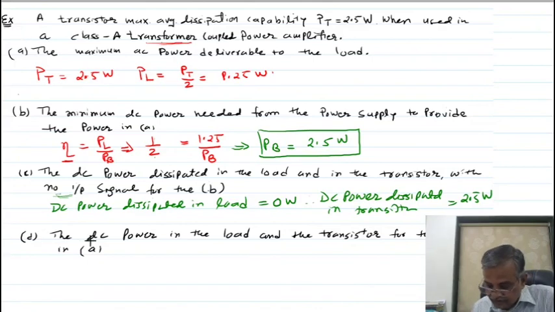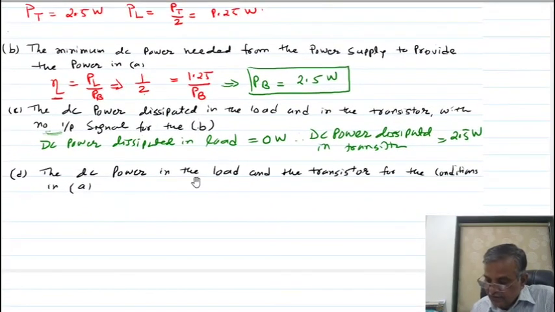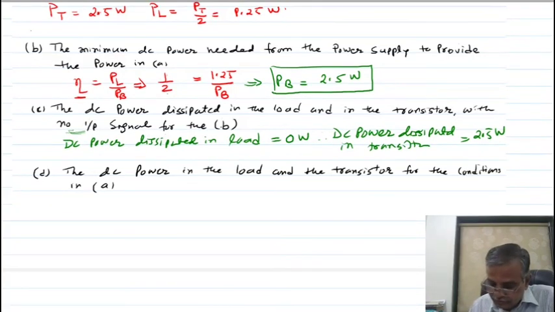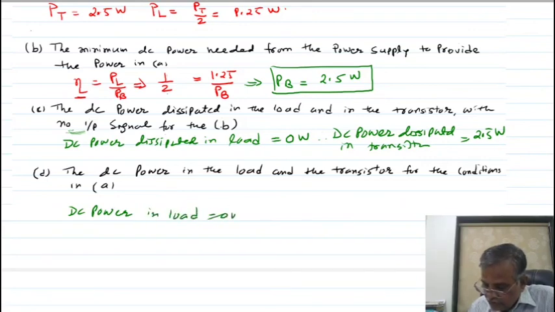Now, the DC power in the load and in the transistor when input signal is applied: DC power in load is still equal to 0.